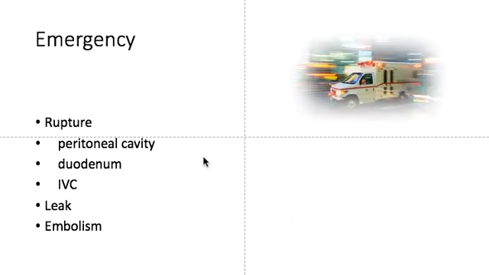And then we come to the emergency presentations, and one we discussed is the rupture. And the case that we presented, it had ruptured into the peritoneal cavity, the commonest region into which it will rupture. In some cases it may rupture into the duodenum, because the duodenum is in very close relationship with the aorta.